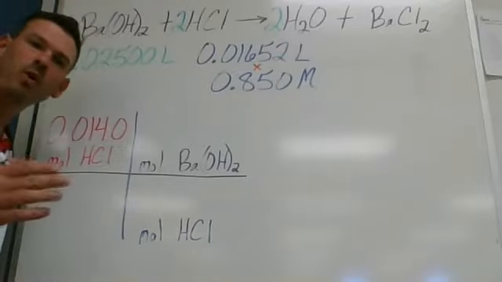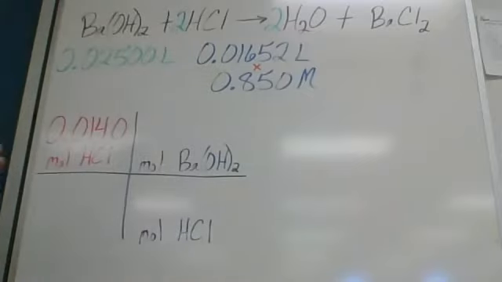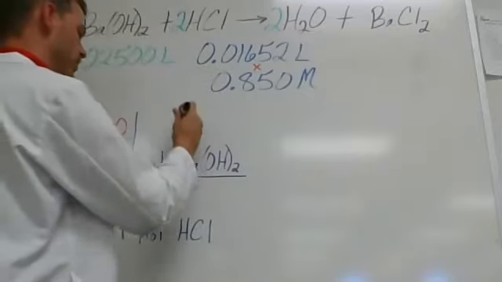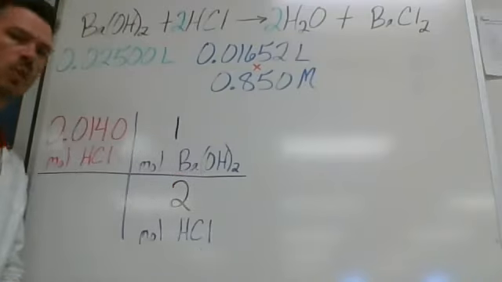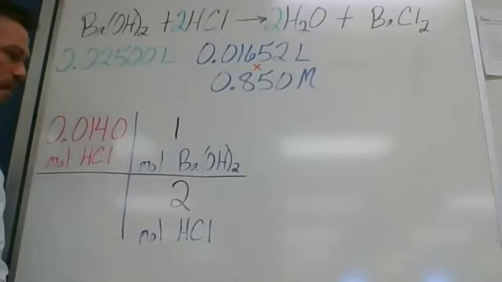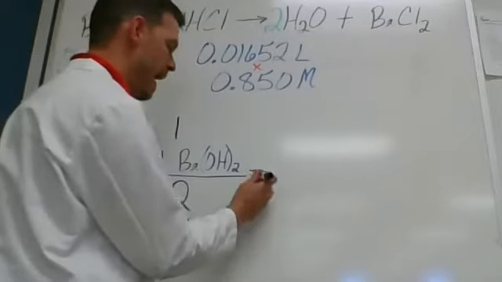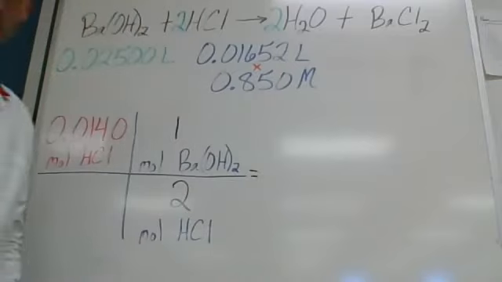When moles is over moles, the values come from coefficients. So find them from the balanced reaction. Coincidentally, it's very similar to our last example, but whatever. And now we've got moles of unknown.